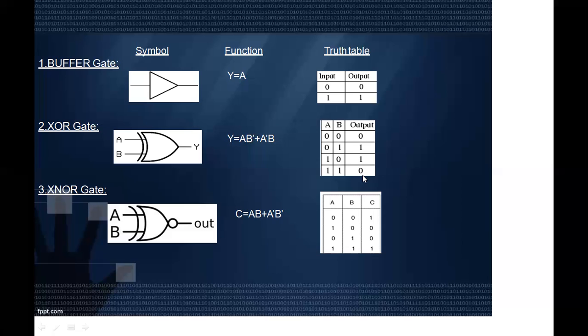And after getting the output of XOR gate, if we put another NOT gate in front of XOR gate, then we get the result of XNOR gate, and here the result is 1001.